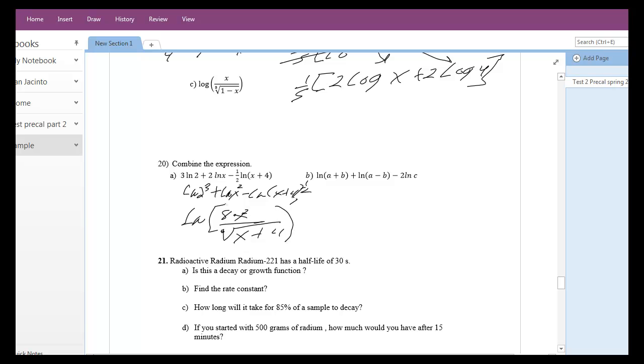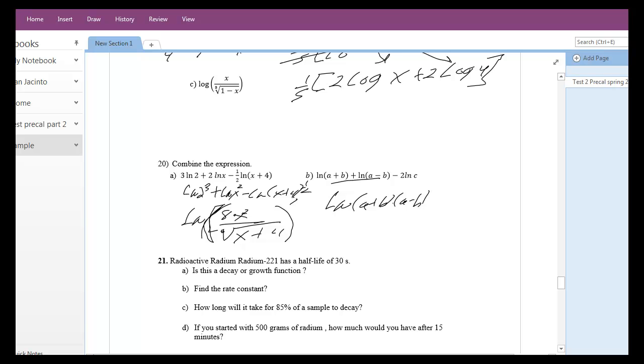You can leave it like that, or you can rationalize the bottom. That becomes 8x squared square root of x plus 4 over x plus 4. Doesn't matter to me. Adding logs, what do you do to the pieces? You multiply them.